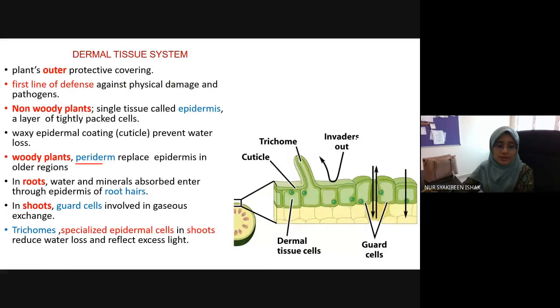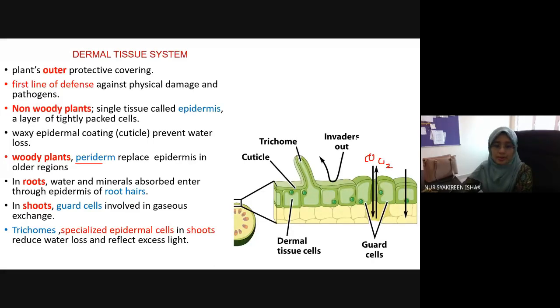So in roots, water and minerals are absorbed and enter through the epidermis of the roots, the root hair, and then in shoots you have guard cells. So guard cells allow gaseous exchange lah kalau dia nak carry out photosynthesis, carbon dioxide enters, okay. The byproduct of photosynthesis releases oxygen, for example.